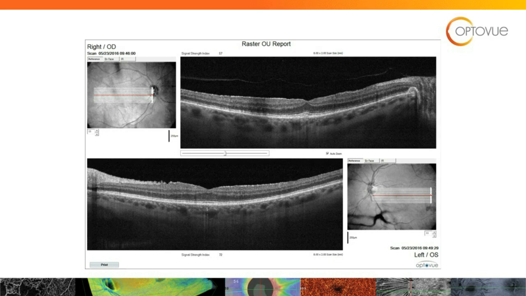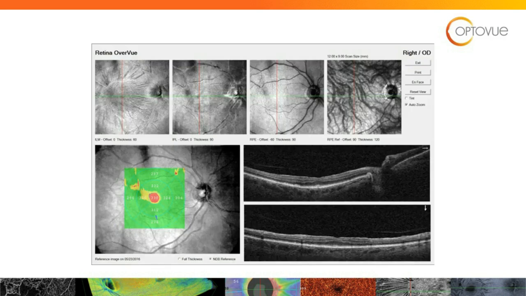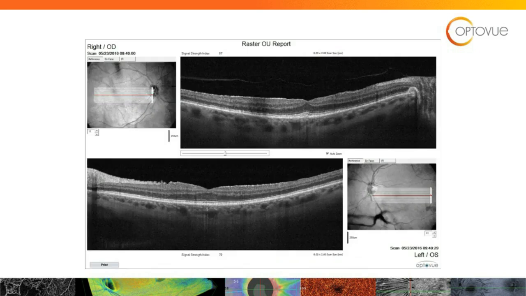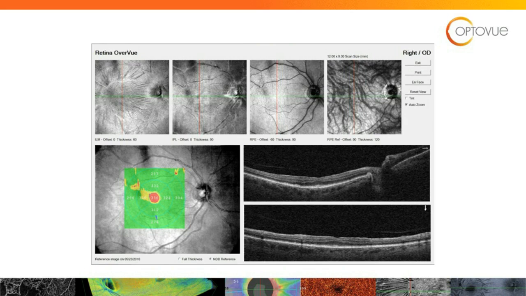When you take a look at the en face imaging, look at those four images across the top, and you've got the internal limiting membrane, and then you've got the IPL, and then you've got the RPE, and obviously the image on the right is the choriocapillaris, layer by layer by layer, and they're all going to highlight different things a little bit differently. But the one on the left is going to highlight the diffuse nature of this epiretinal membrane, and whereas the membrane appeared fairly mild here, it was a fairly significant epiretinal membrane in terms of the area and the diffuseness of that.